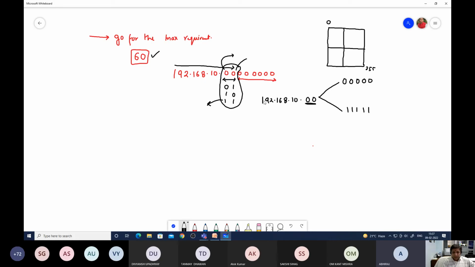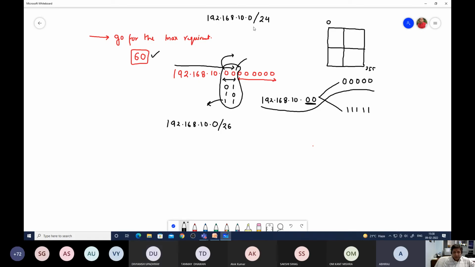So what would be our subnet ID? Subnet ID would be 192.168.10.0. What was our overall network ID? 192.168.10.0. Again the confusion, but there is no confusion here because it was /24 and it is now /26.